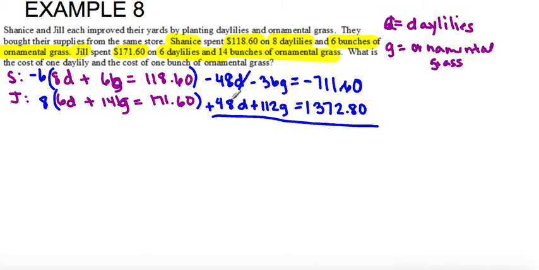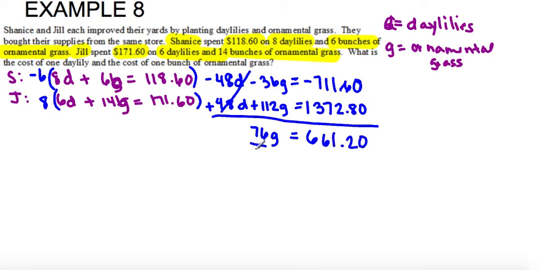-48D and 48D eliminate, and then I have -36 plus 112, which comes out to 76G. And then I have -711.60 plus 1372.80, and I get 661.20.